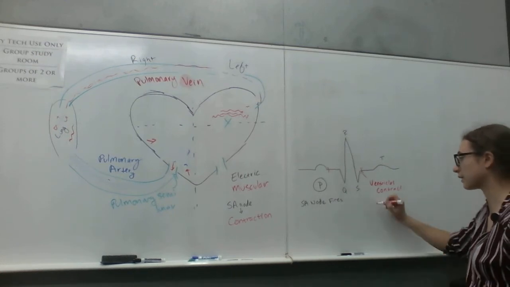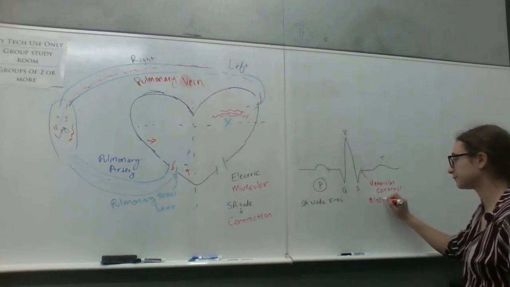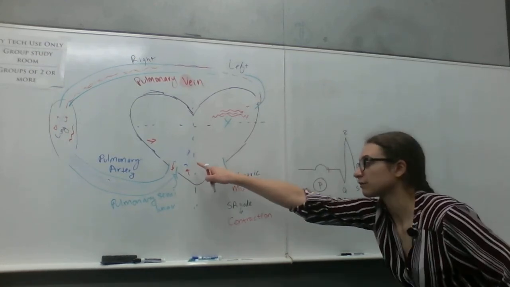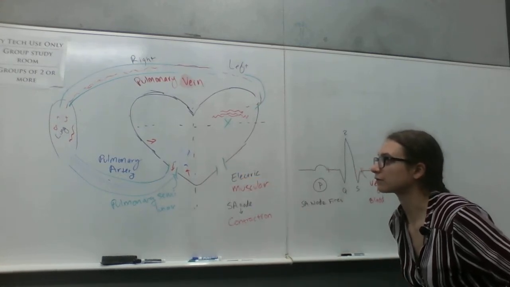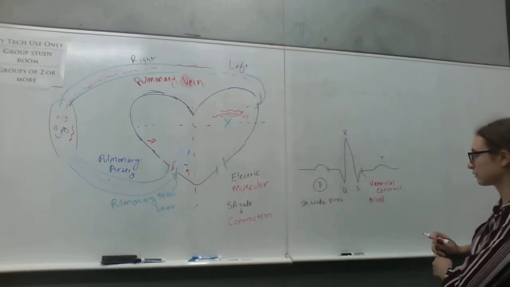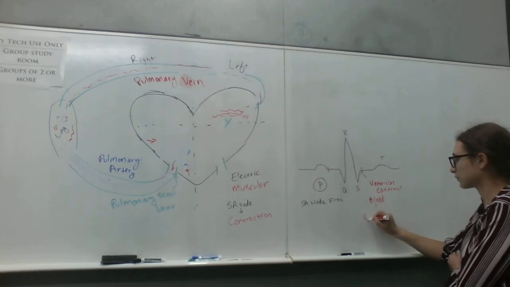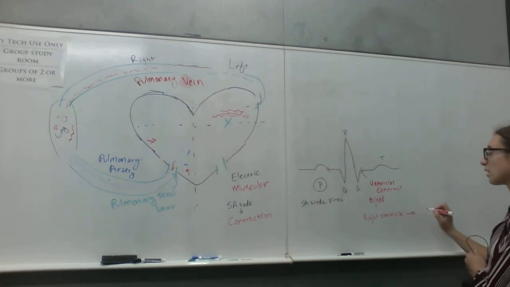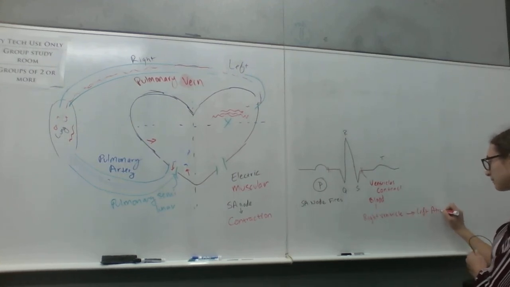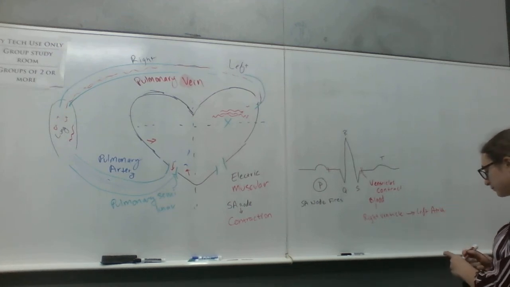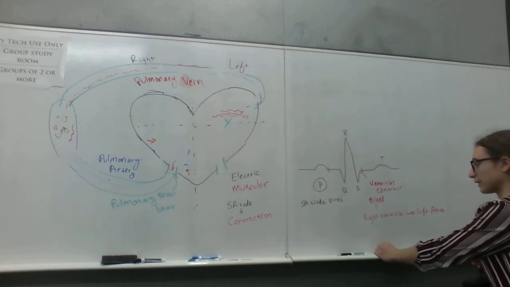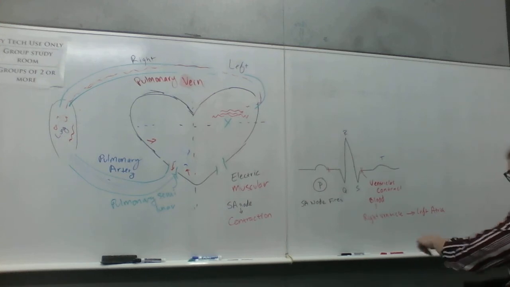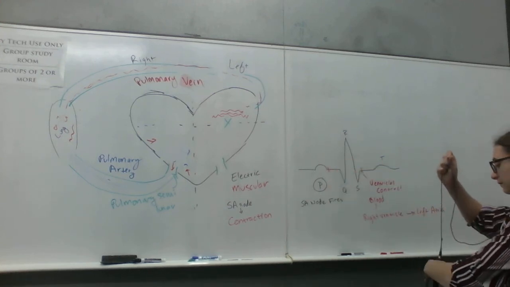Blood went from the right ventricle to the left atria. That's what happens when your ventricles contract, which is just what was drawn up there.